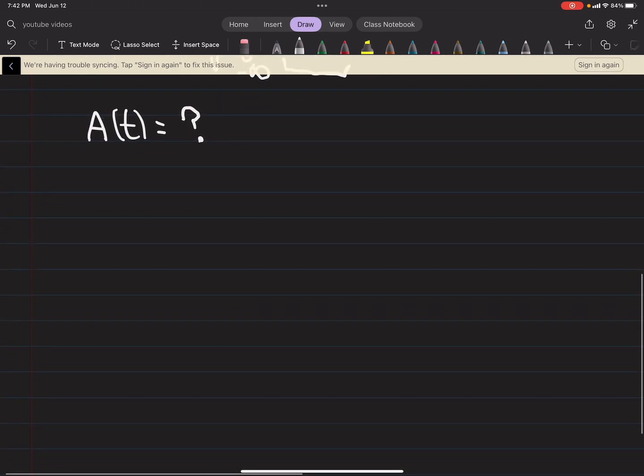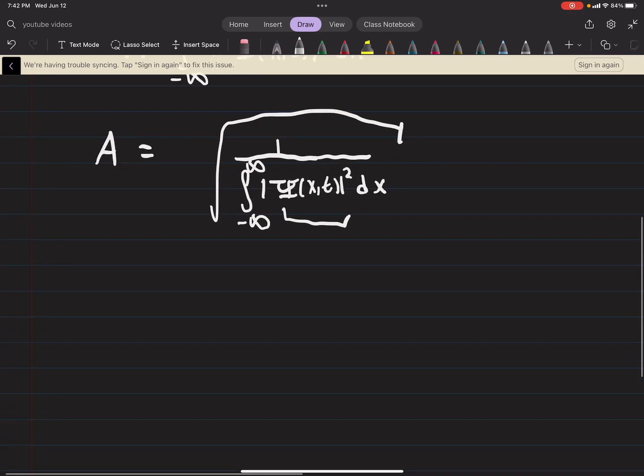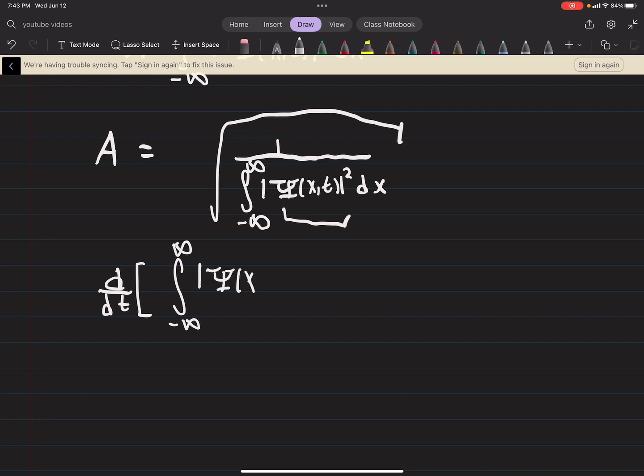But we can prove that A is not a function of time. And in fact, what we'll show is that when we integrate the square of your wave function, it's constant over time. Now, if you ever want to show that something's constant over time, what you really want to show is that the time derivative of that something is 0.